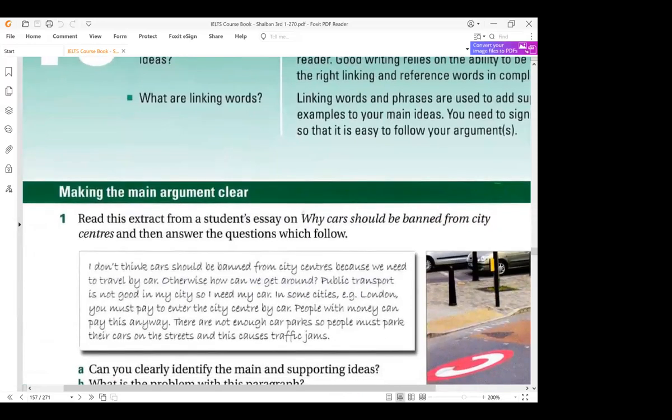If I ask a question, why do you think cars should be banned from city centers? I want you to read this one here and give me your opinion about it.